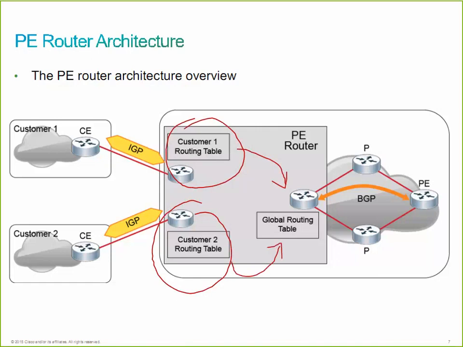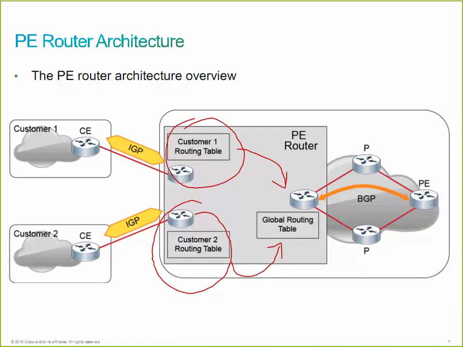All right. Well, before we can put those into the global routing table, we have to change those routes to make them unique, right? Because the global routing table is only a single routing table. The problem is that when BGP carries these different V4 prefixes across the service provider network, they have to be unique.